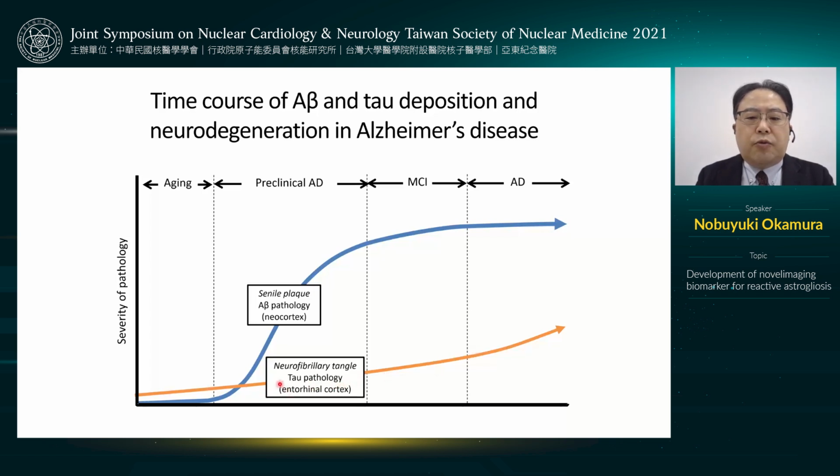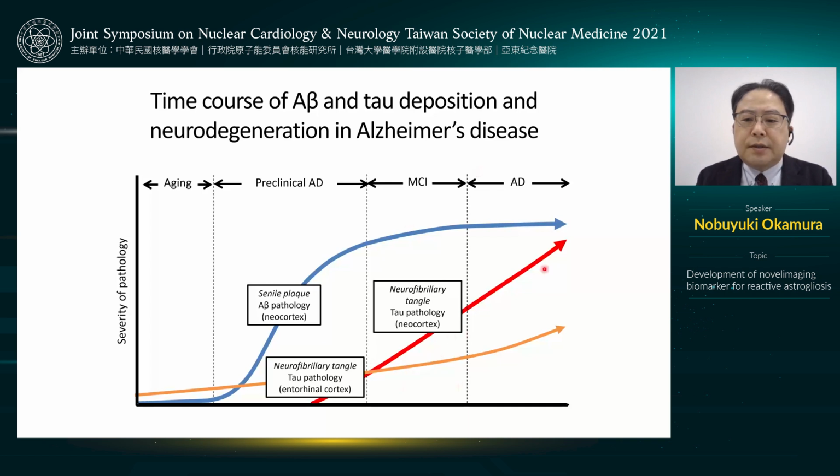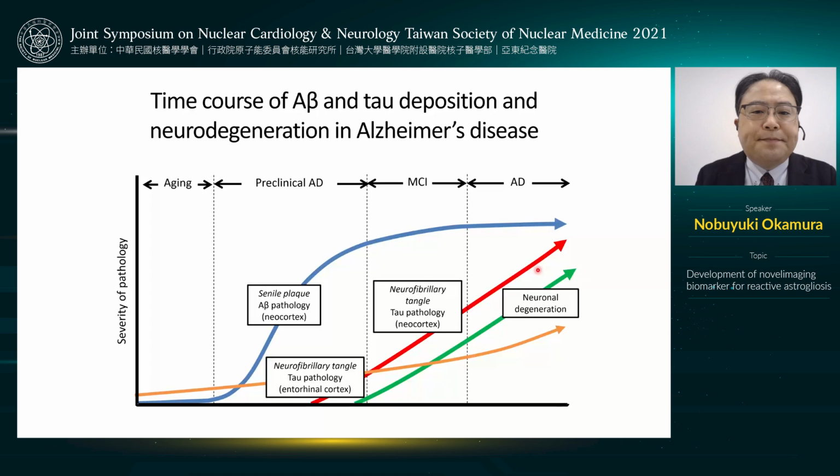The amount of amyloid beta plaques reaches a plateau at the early clinical stages of AD. But neocortical tau pathology progresses in the MCI and AD stages, followed by the neurodegenerative process.